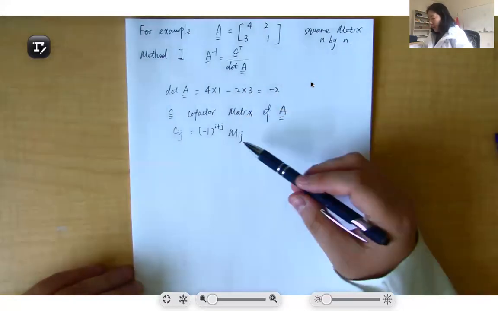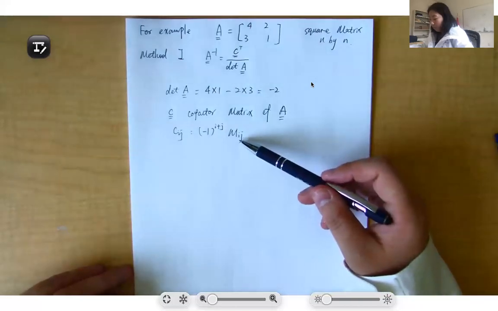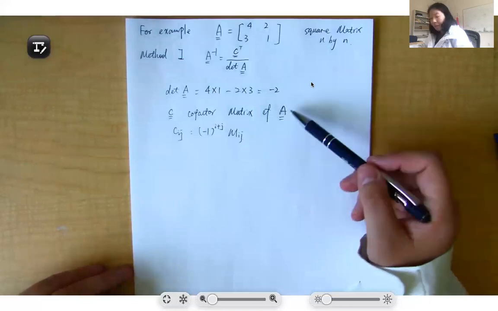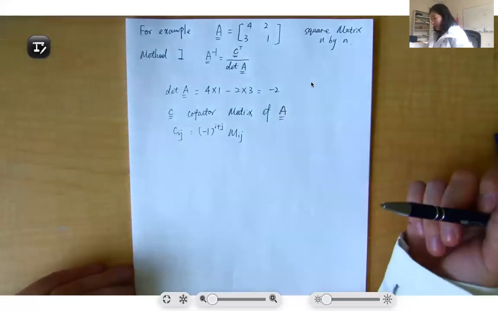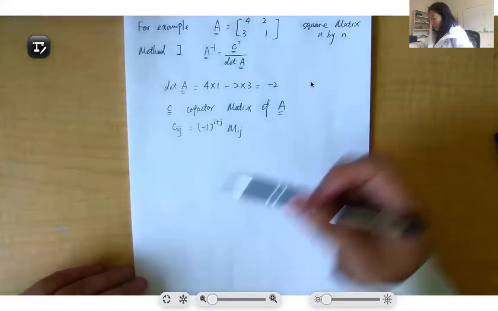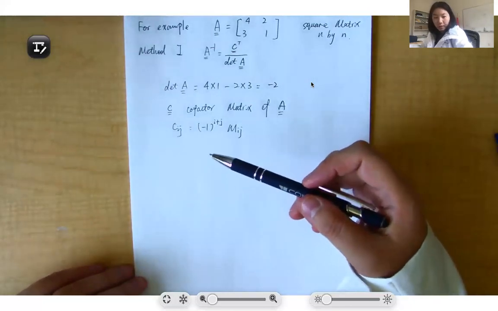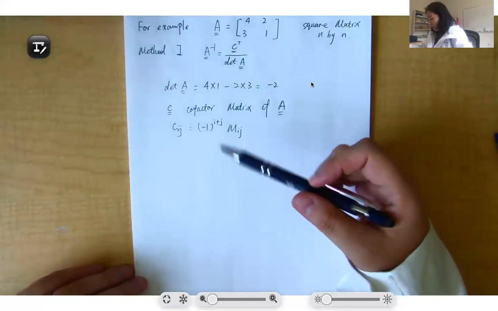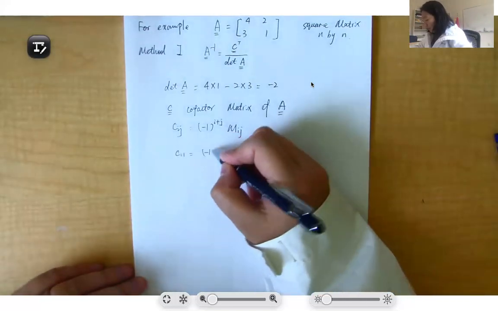This Mij is obtained by deleting row i and column j of the A matrix to get a new matrix M. For the cofactor matrix, let's solve one by one. There are C11, C12, C21, C22. The C11 will be equal to minus 1.